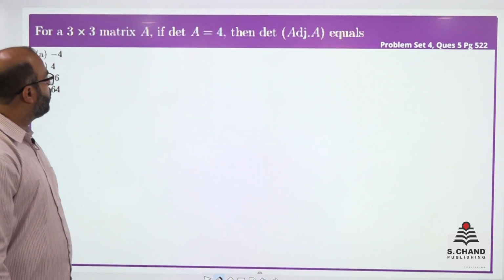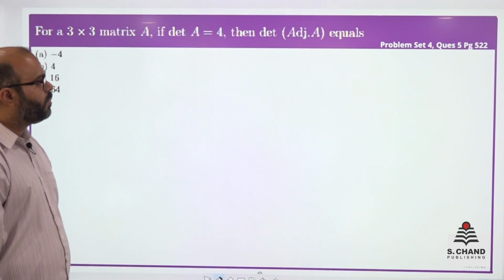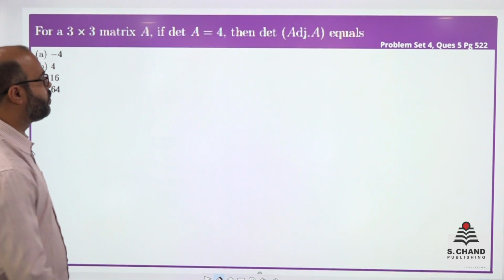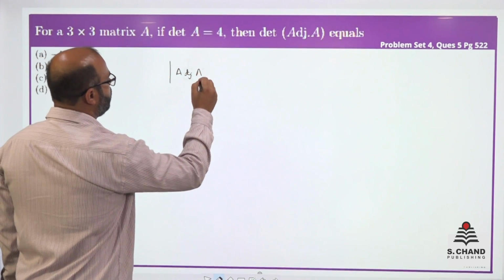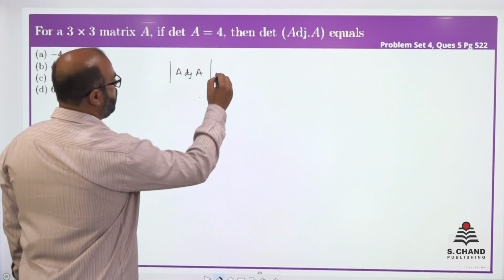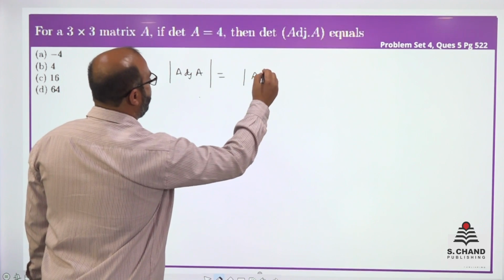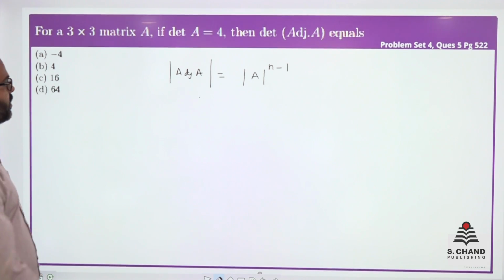Next we have a question. For a 3 cross 3 matrix A, if determinant of A is 4, then determinant of adjoint of A equals? So the determinant of adjoint of A formula is determinant of A to the power n minus 1, where n is the order of the matrix.